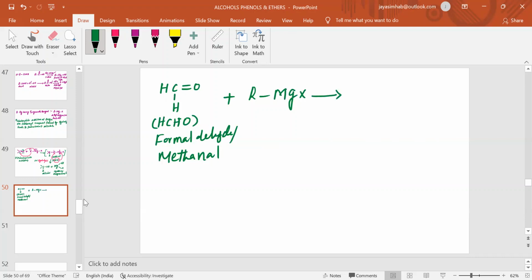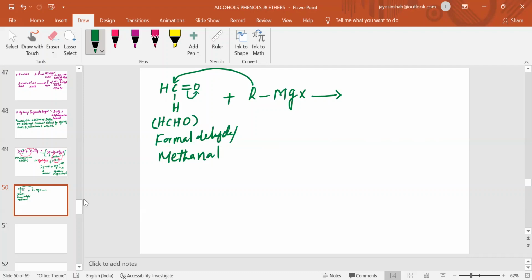This is the nucleophilic addition we know. R will go and bind with the carbon. The mechanism I have shown, the general mechanism. O will come and bind with the Mg. Every time no need to show.